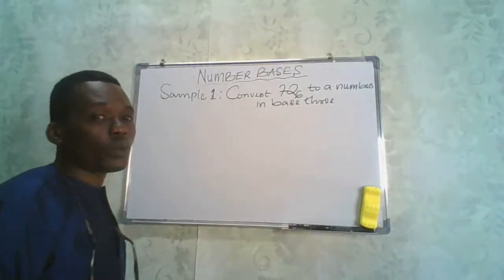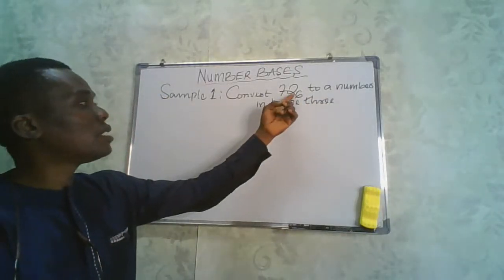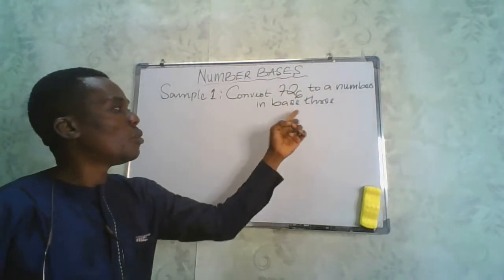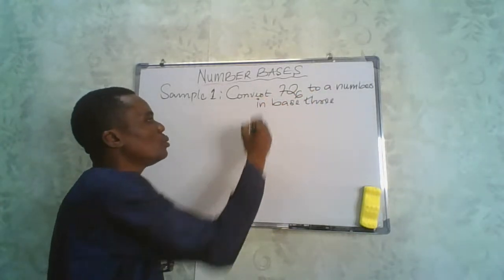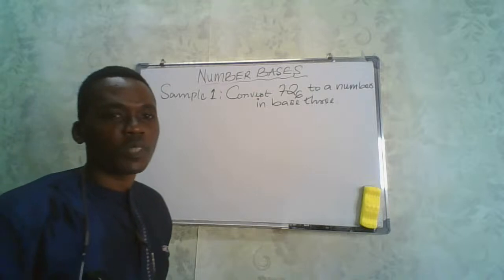Now, if you are given this question, you are asked to convert 72 in base 6 to a number in base 3, how do you solve this question?